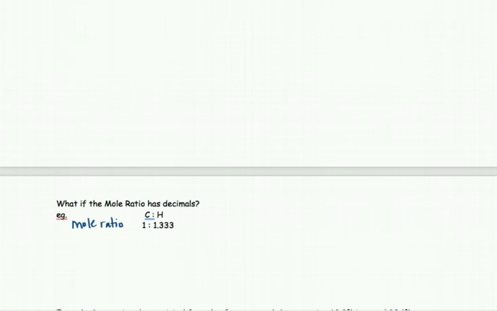So I just go up one by one. I'm going to start with the first one and multiply by 2. I'm going to multiply both of these factors by 2, the 1 by 2 and the 1.33 by 2. If I do that, I get a 2 to 2.666 ratio.